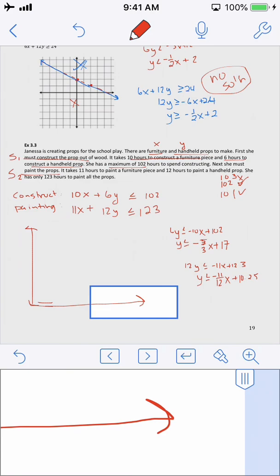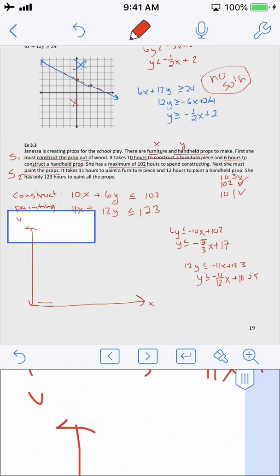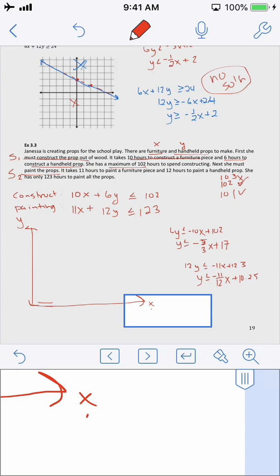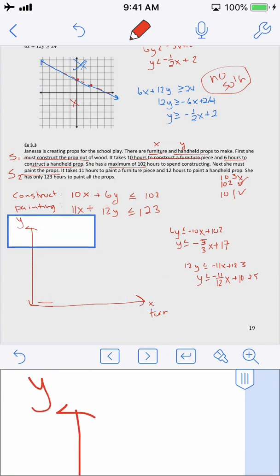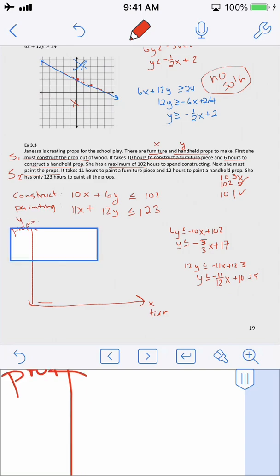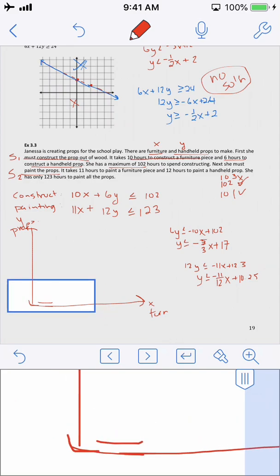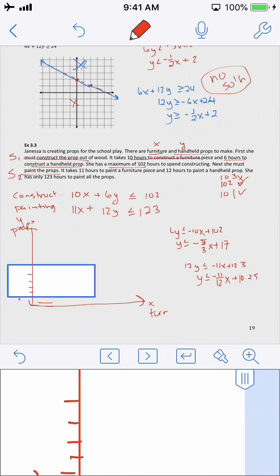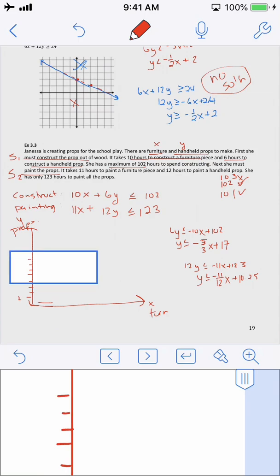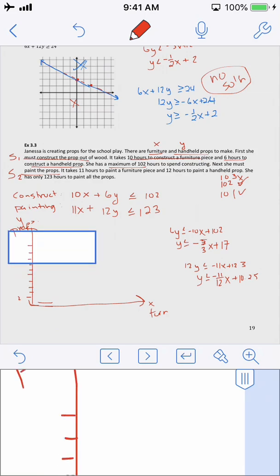Alright, so we'll call this furniture and props. This is the combination of the two. So now let's make this go by 2s: 2, 4, 6, 8, 10, 12, 14, 16, 18, 20.